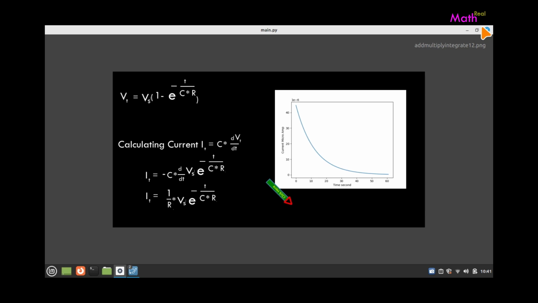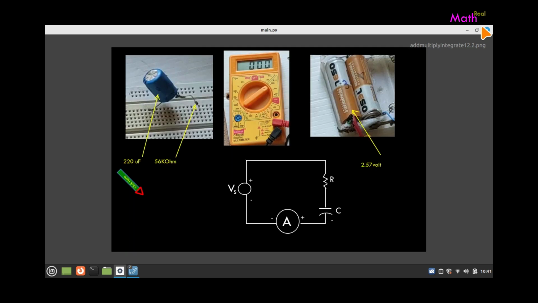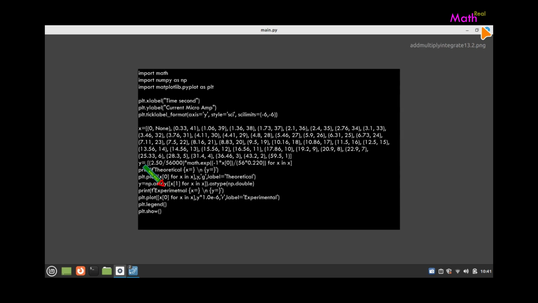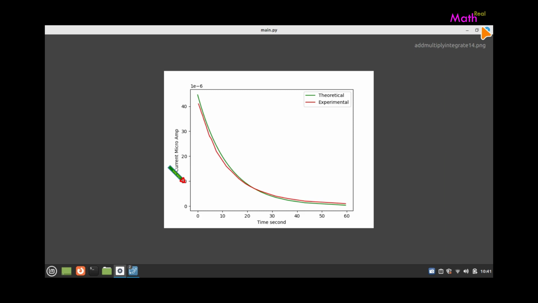If we know the formula, then we differentiate the formula. Like I is nothing but dq by dt, that is C dv by dt, and this is the theoretical equation of the I. So theoretical and practical are same. So this is the concept of differentiation, what we are saying.